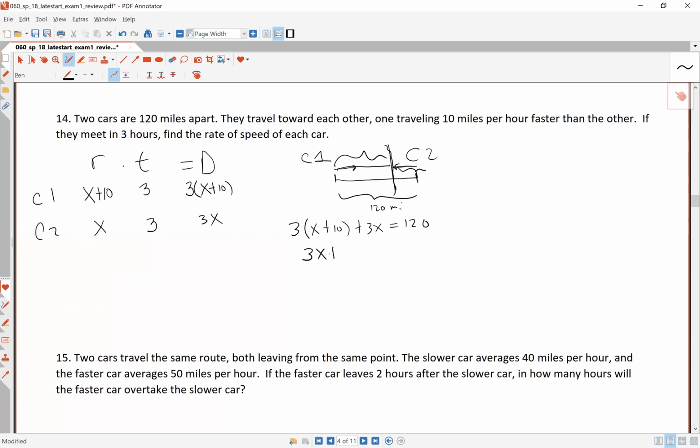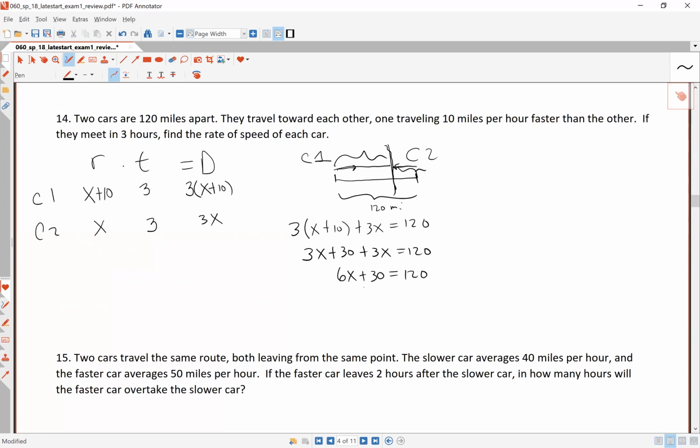So we get 3x plus 30 plus 3x equals 120. The left side is 6x plus 30.